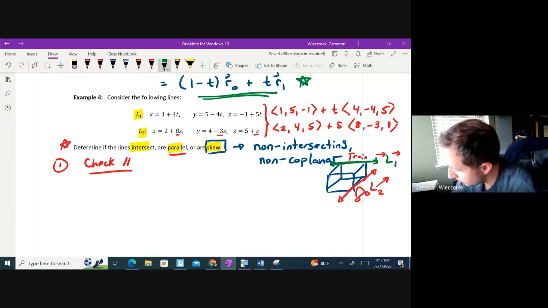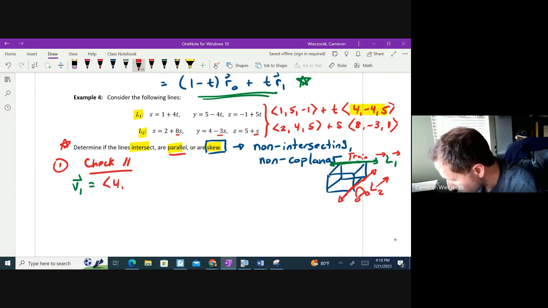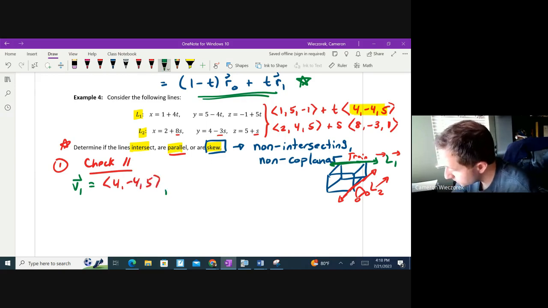And this is why I wrote L1 and L2 in their vector forms up at the top. I'm going to call V1 the direction vector for line 1. Looking up here, I can see that's given by 4, -4, 5. Looking at line 2, I can see the direction vector is given by 8, 3, -1.